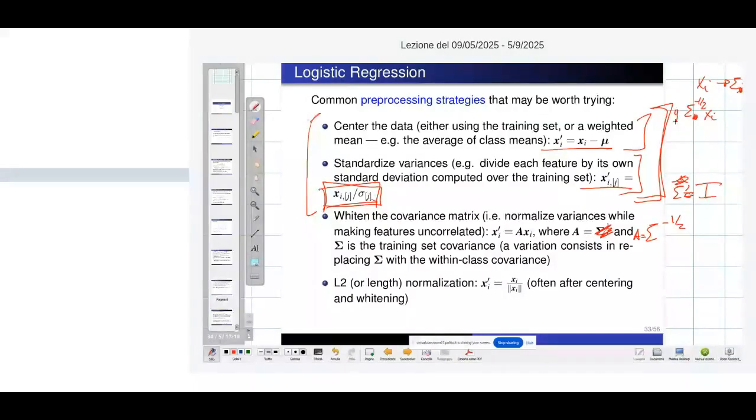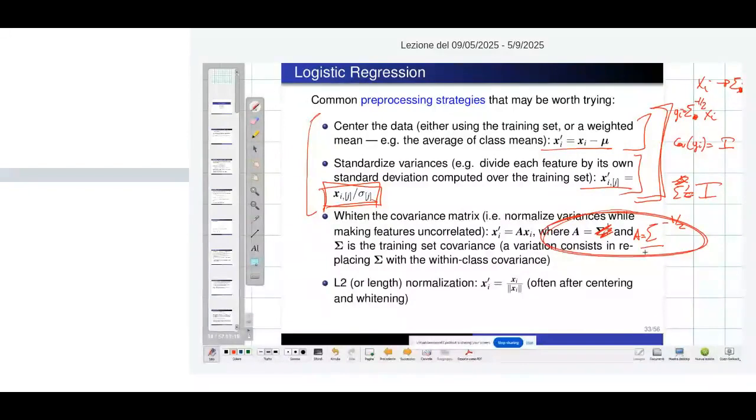If you apply this transformation, then the covariance matrix for the yi's will be the identity, which means that the vector y will have components that are uncorrelated, and the variance of each component will be 1. So it's an extension of the variance normalization. Notice that we already know how to do this, because we already know how to decorrelate the features through PCA.